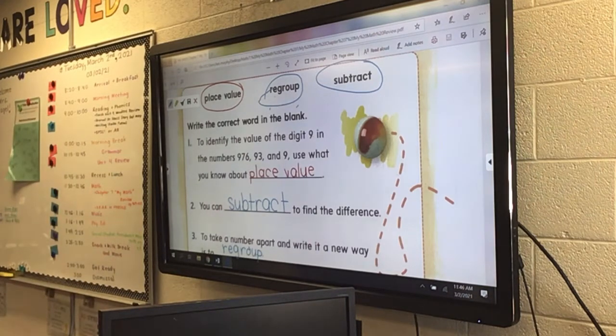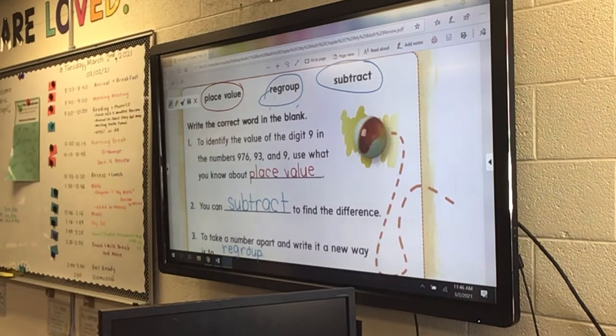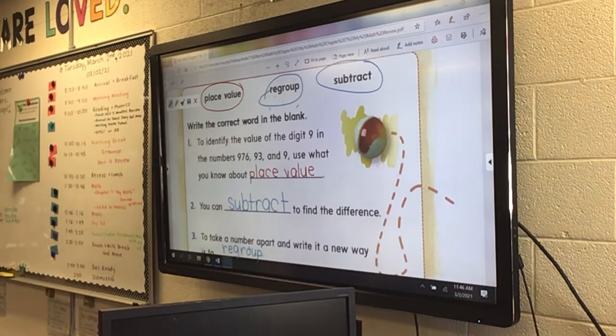Keep going, because I'm going to move that up in about a minute. While you're waiting for your friends, I know you guys can do this bottom one. It's a concept check where you need to subtract with the hundreds.